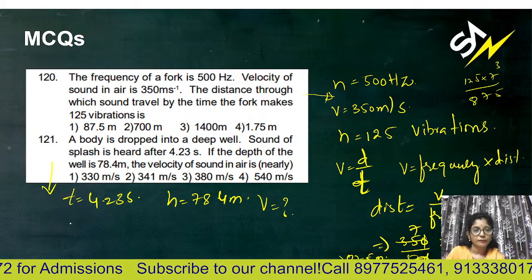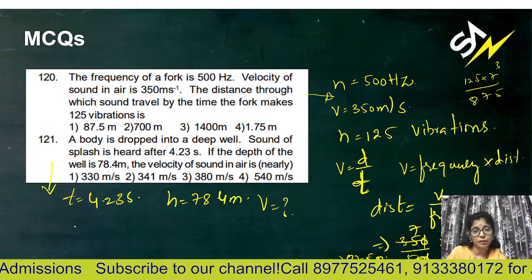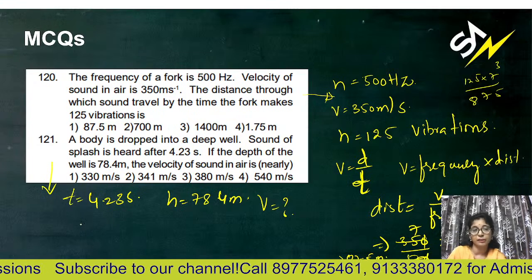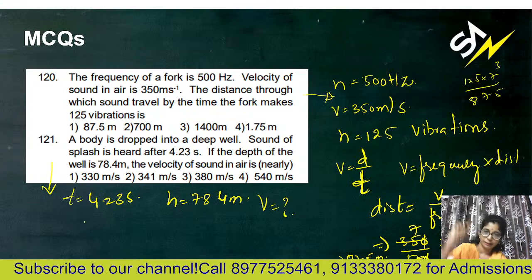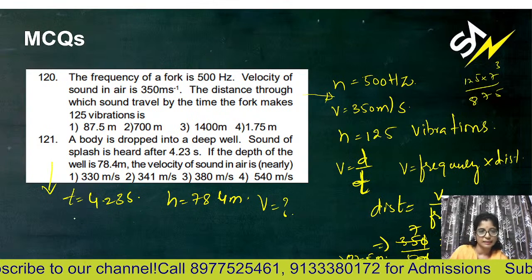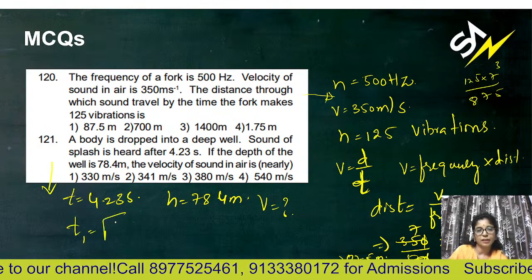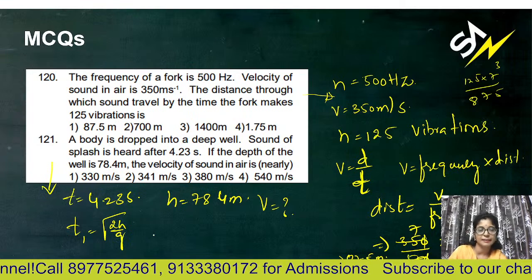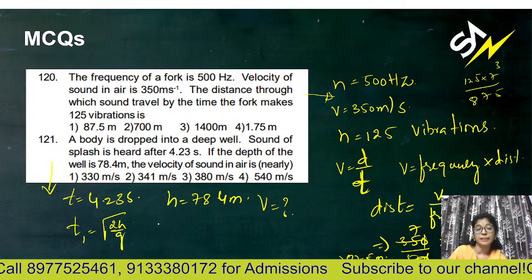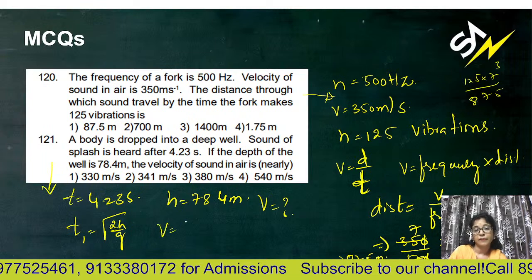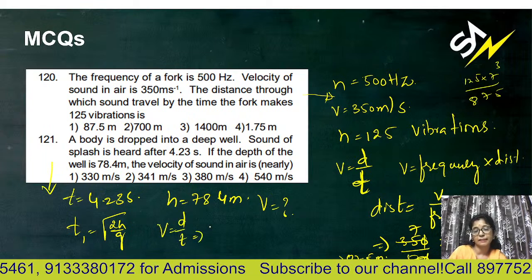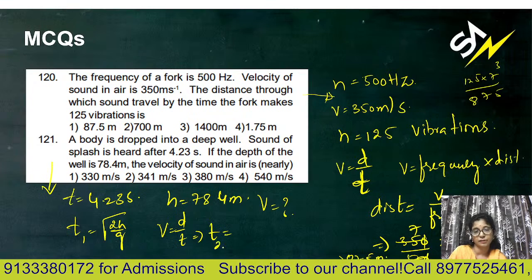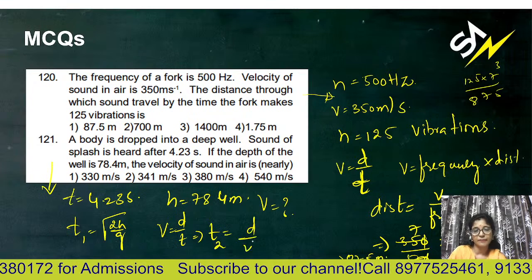What is the formula for velocity of sound? First we'll find out the total time. While going down, that is time of descent, T1 is equal to under root of 2h by g. You know this formula, isn't it? While coming up, velocity is equal to distance by time, so T2 is equal to distance by velocity.